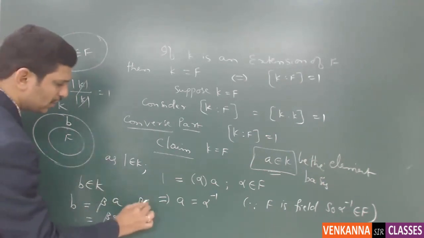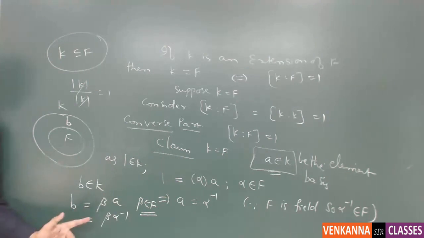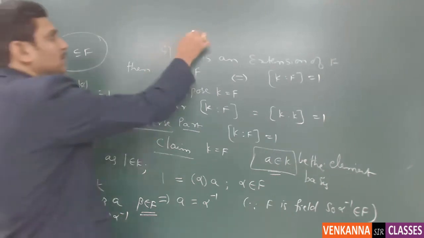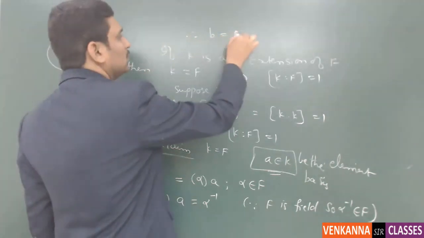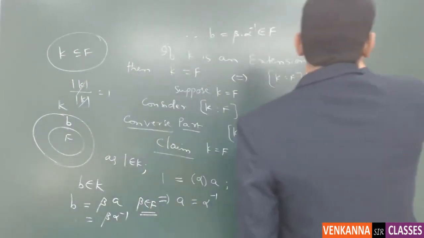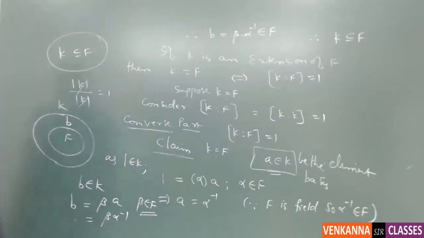Here beta belongs to F. Now see what happened. Alpha inverse belongs to F, and beta belongs to F. Since F is a field, the product also belongs to F. Therefore B is equal to beta times alpha inverse belongs to F. Therefore K is a subset of F, and therefore F is equal to K will hold.